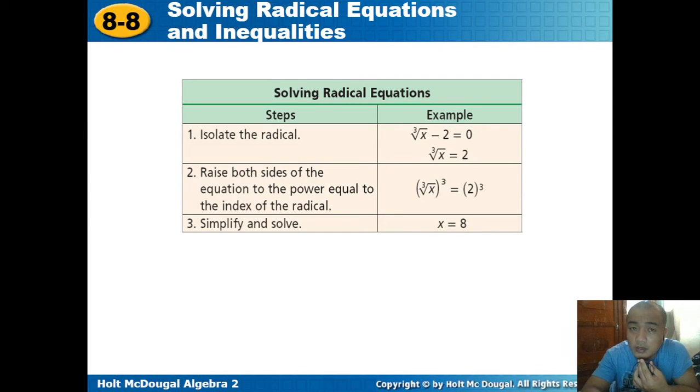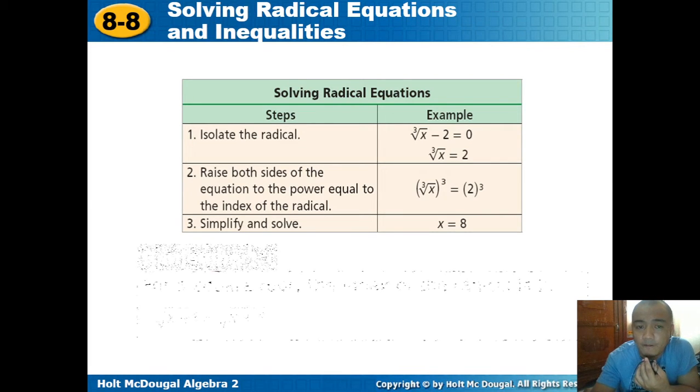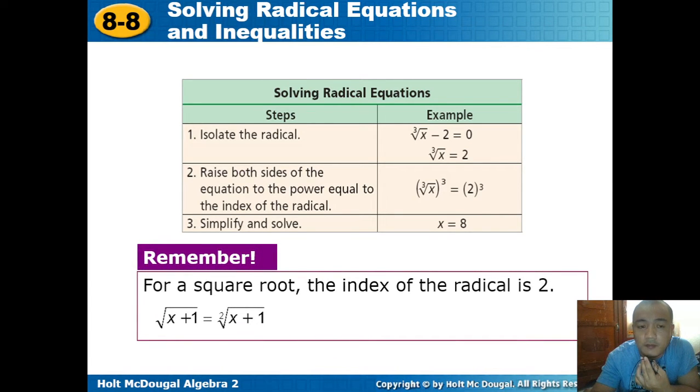So, cube root of x cube is x. Or simply, we just cancel 3. So, x. Then, 2 cube is 2 times 2 times 2, which is equal to 8. So, remember, for a square root, the index of the radical is 2. Square root of x plus 1 is equal to square root of x plus 1. But we do not write 2 anymore when the index is 2.